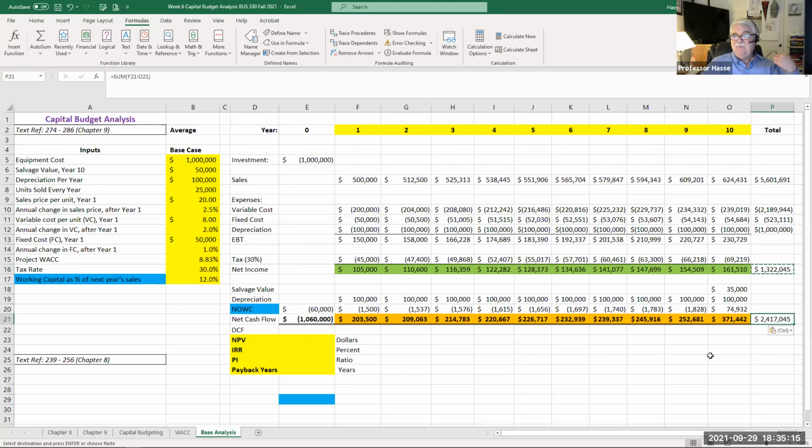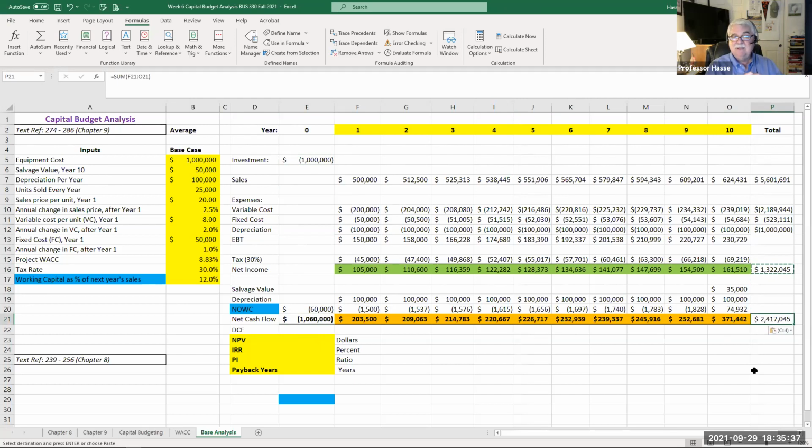So right off the bat, we can see, I think we're onto something here. We're spending $1,060,000 on the investment in the asset and working capital today, and we're generating, in estimations, $2.4 million of cash flow over the 10 years. Looks like we got something going.